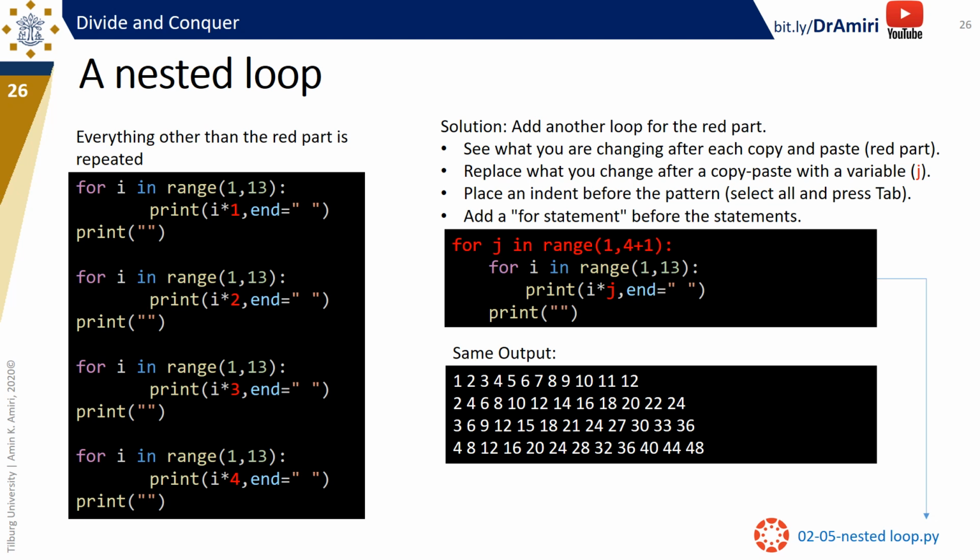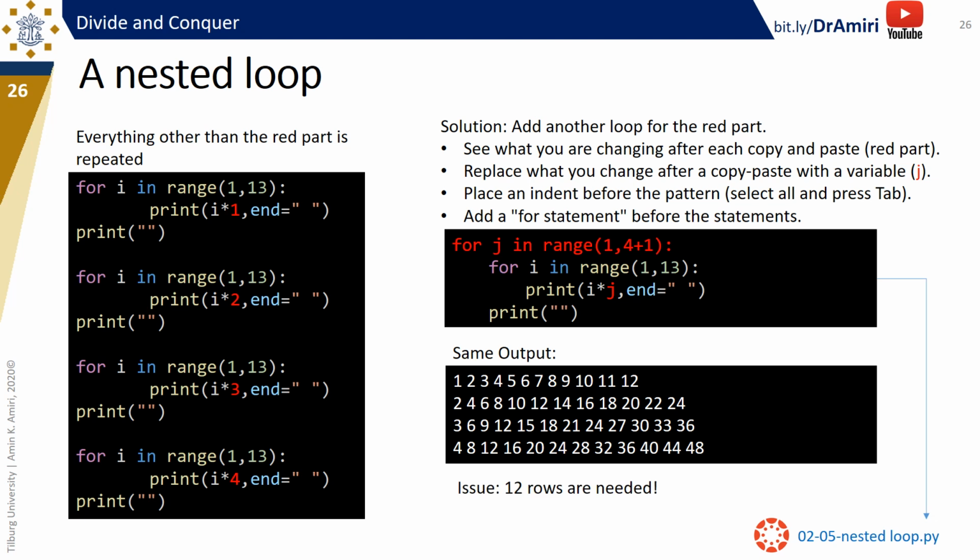Then I need to add a new for statement for j so that it ranges from the first number, which is 1, to the last number plus 1. So this is exactly what we did in the second assignment.